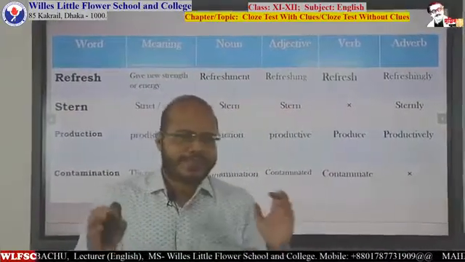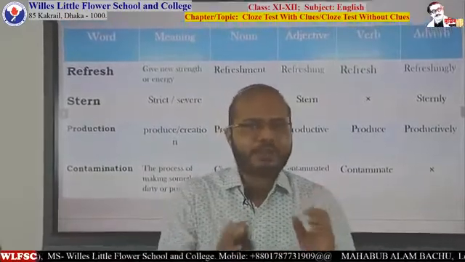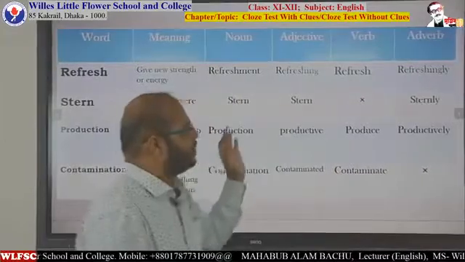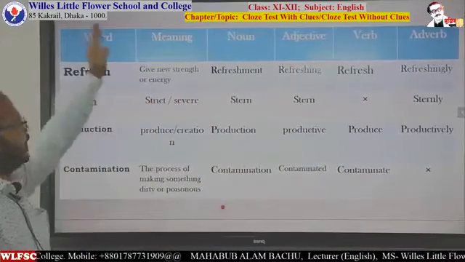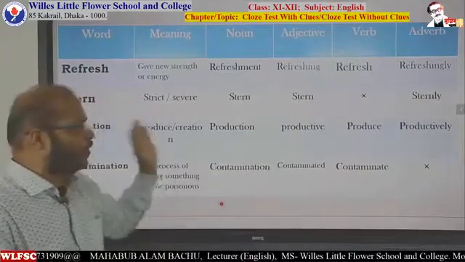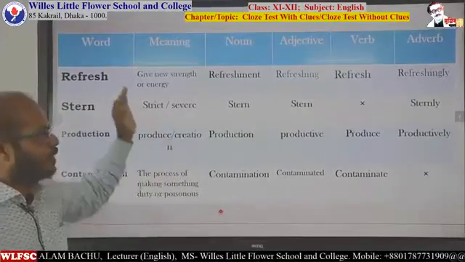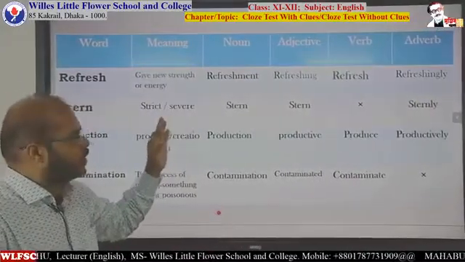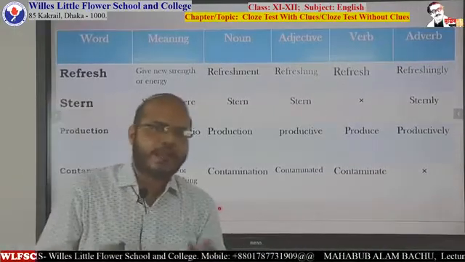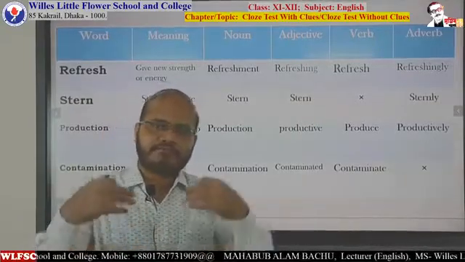So this is the real picture of these words, and if you can learn the words in this way, I mean if you know the noun, adjective, verb and adverb forms of the words which will be given to you for filling up the cloze test with clues, you will be able to answer it in a very good way, and you will get the full marks. Otherwise it may create some problems.